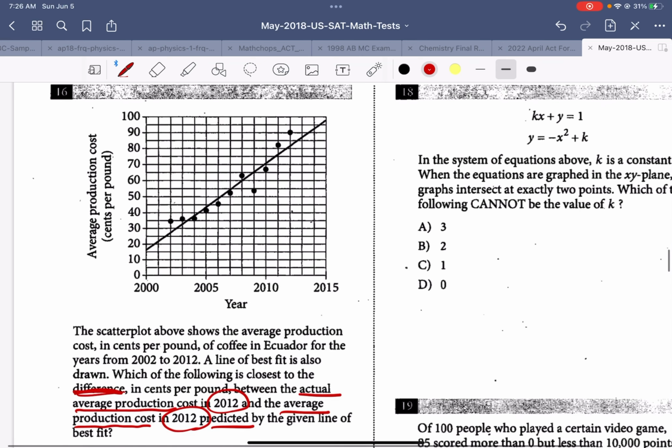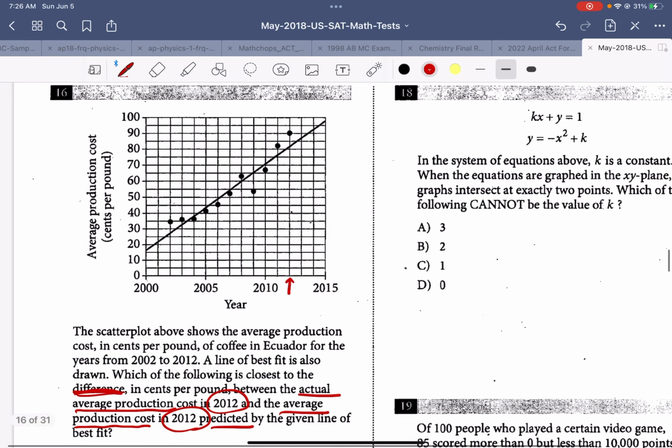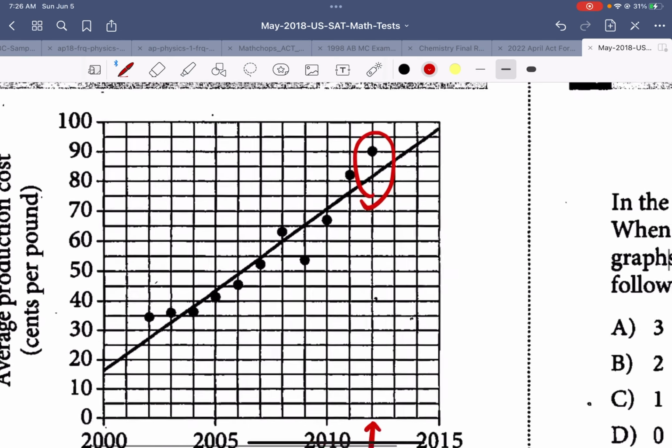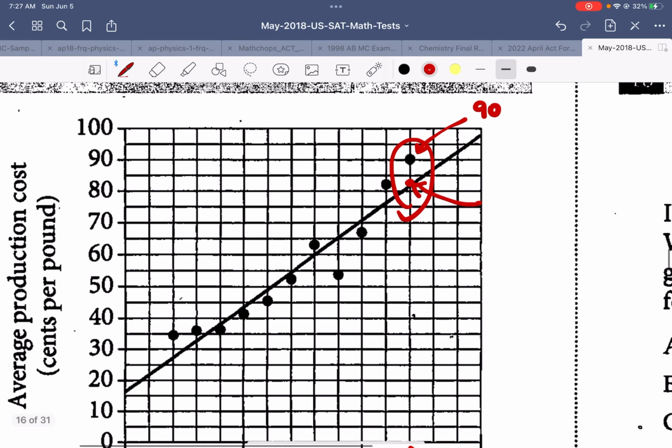So let's look at that here. That is 2012. So if you look at here, the actual one is a dot. This actual one is 90 cents. And right here, that's the estimate by the best fit line, which is around 82.